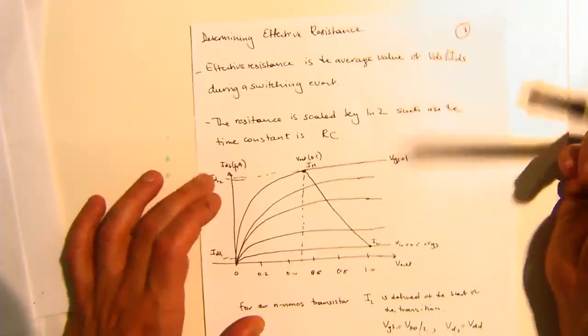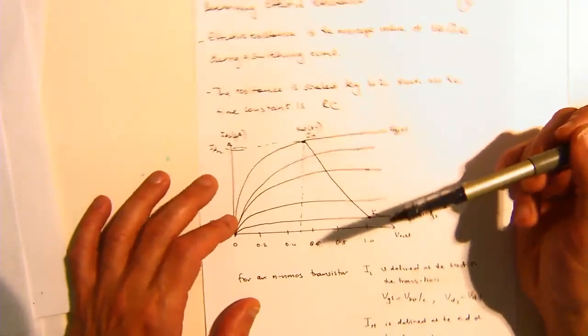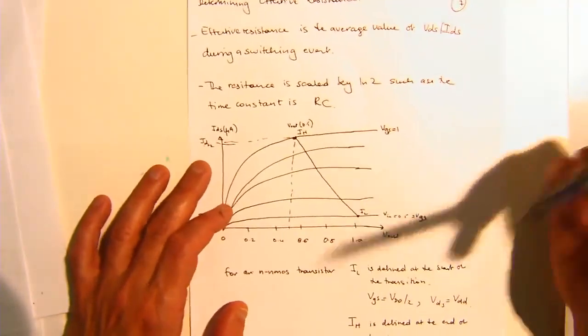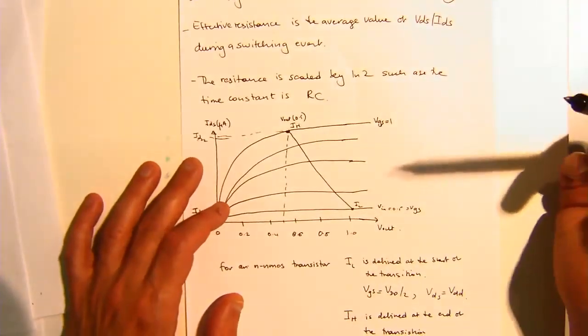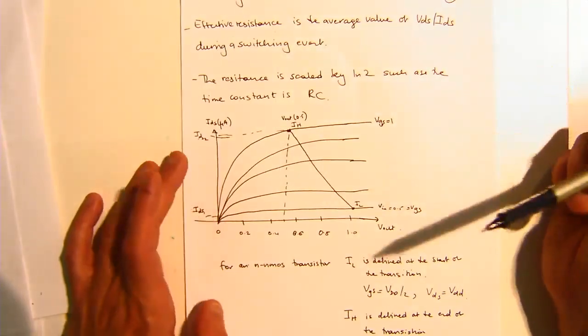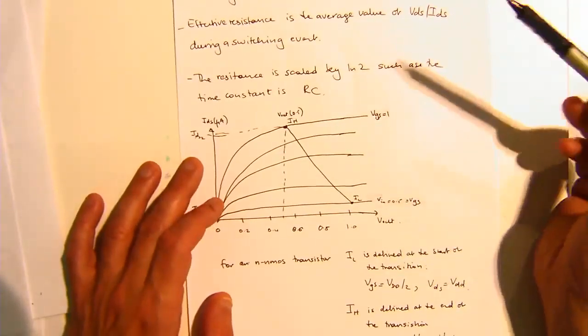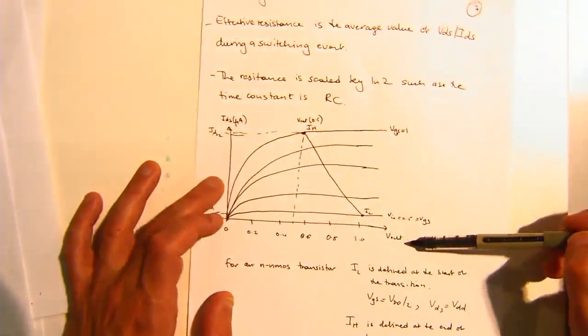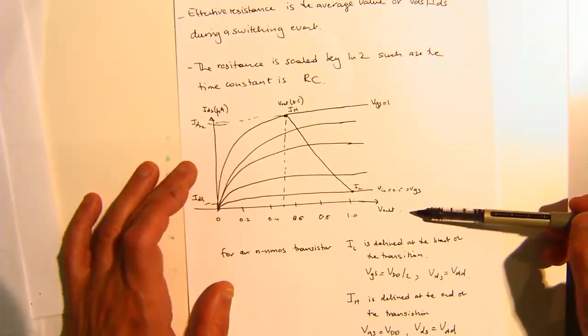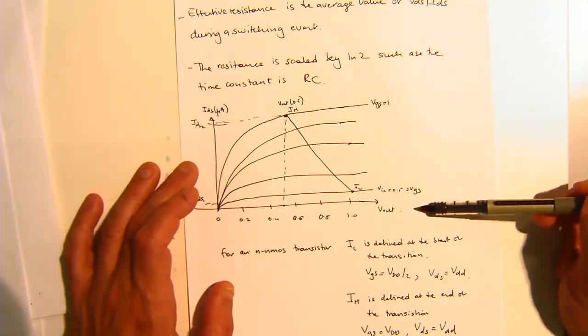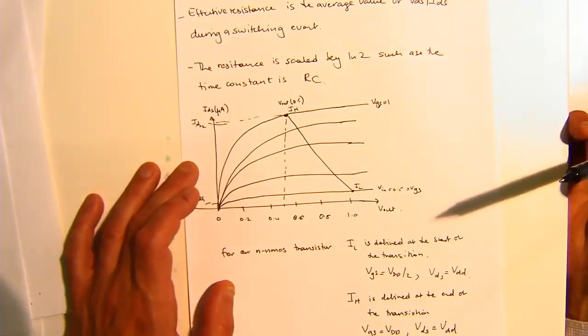And if somebody didn't tell you what it was for a particular process or transistor, but they gave you the IDS versus VDS characteristics, you can work it out, right?